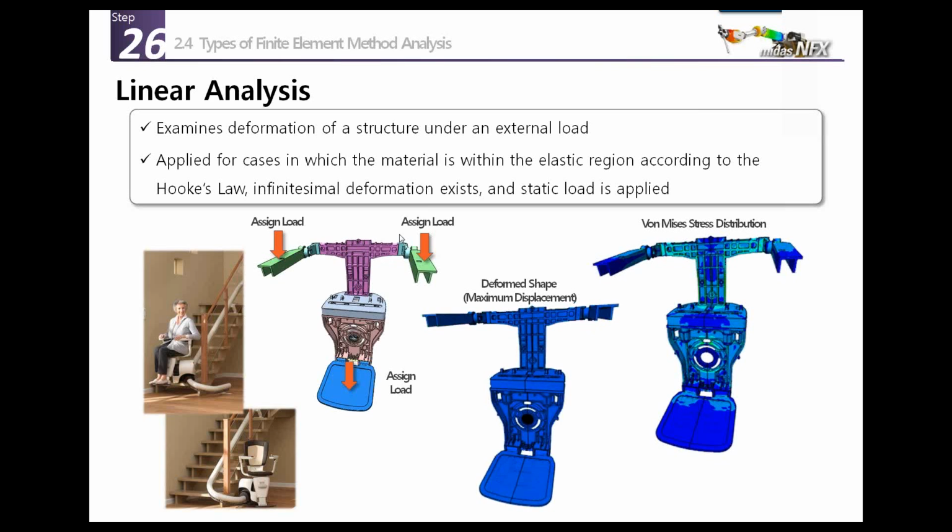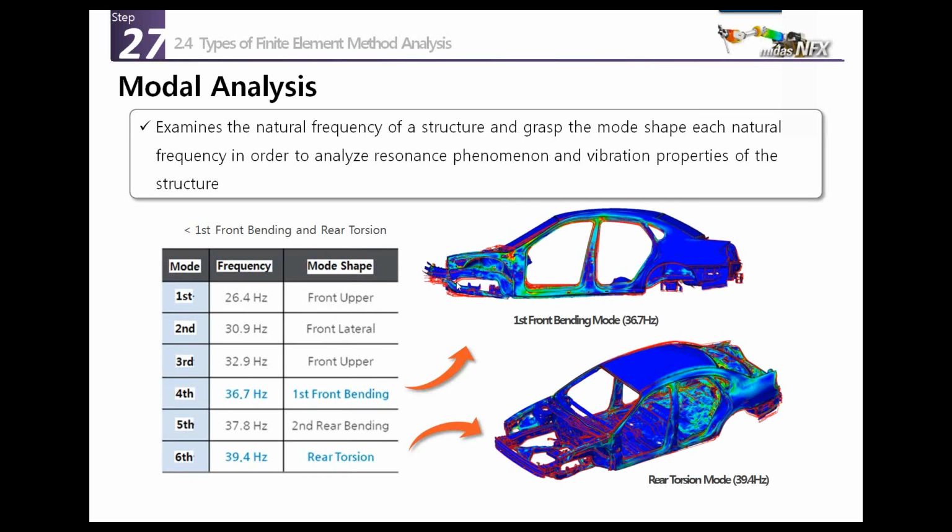This is basically to examine the deformation of a structure under an external load. It is applied to cases in which the material is in the elastic region, so when the material stays within Hooke's law, and when you can consider infinitesimal deformation and static load. Basically, the type of analysis we use most often is linear static, because this is the simplest type of analysis.